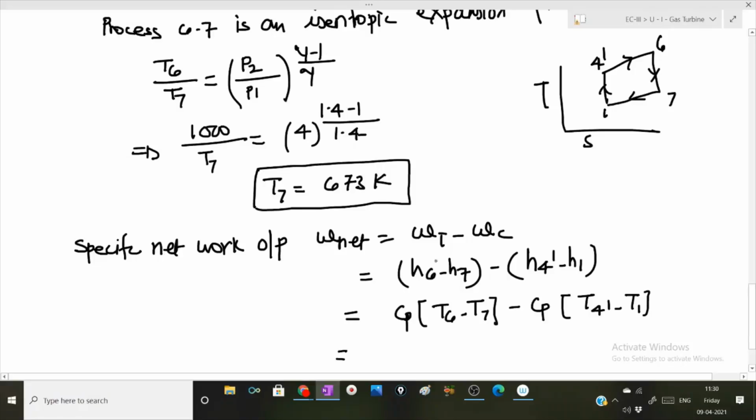Let us put the values. Cp is common to all and Cp is 0.24. T6 is 1000, T7 is 673, T4 dash is 446, T1 is 300.